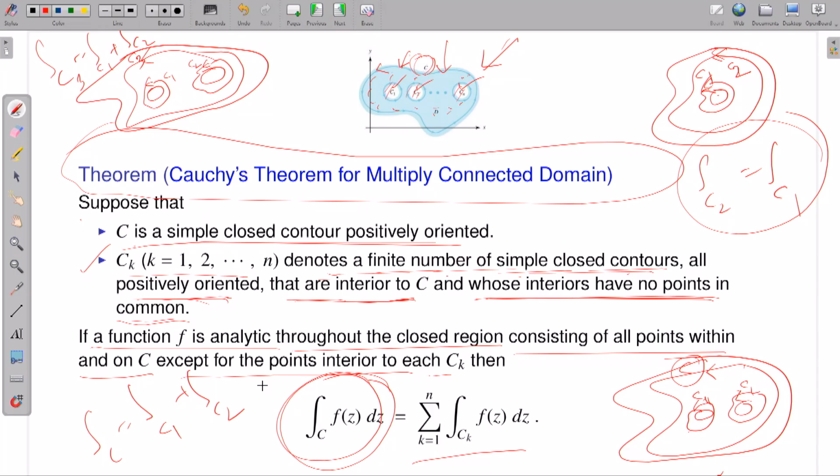So if I have a multiply connected domain with finitely many holes, and my function is analytic, and I take a simple closed contour, the larger contour, sitting inside my domain D, along with finitely many simple closed contours around each hole, then the value of the contour integration over the larger contour is the same as the sum of the contour integrations over the smaller contours.